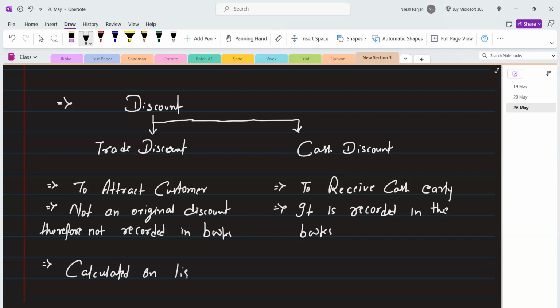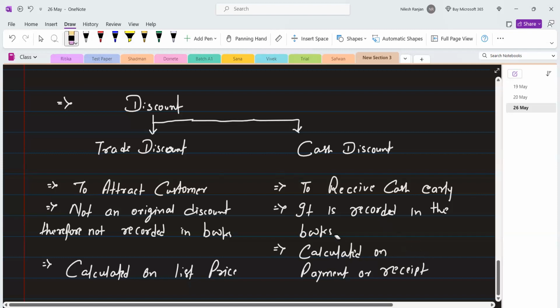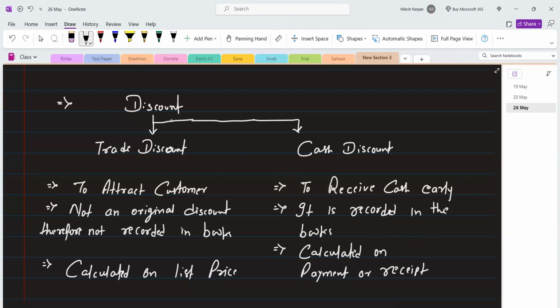And here, cash discount is calculated on the amount of cash payment or receipt.